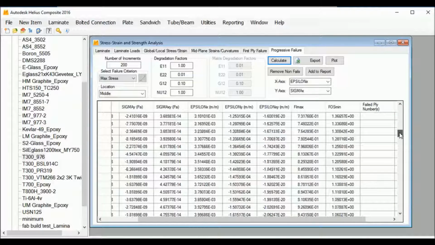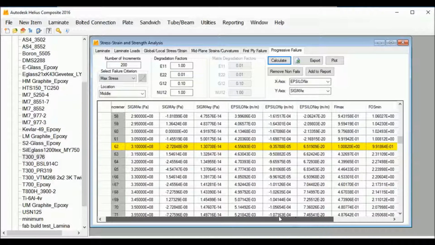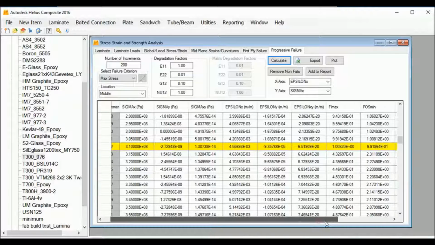And if we zip down here, the first occurrence of failure index equal to 1 is when the transverse plies fail, plies 2 and 3, and that corresponds to 310 megapascals. There's our first ply failure.